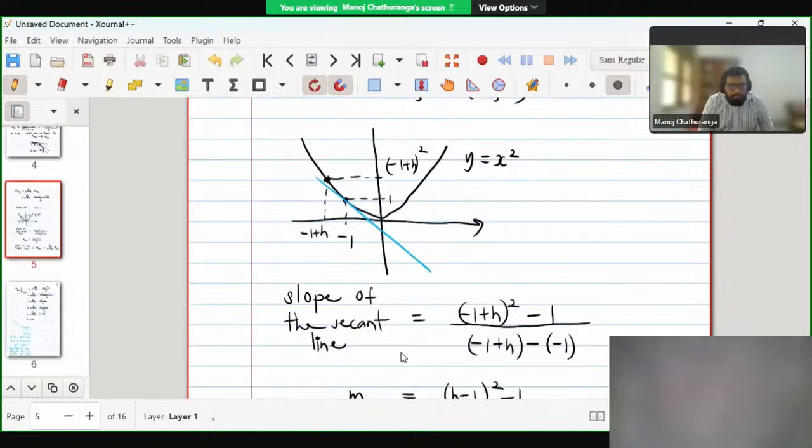So, yeah, we have a way of computing tangent lines now. This way of computing tangent lines is applicable not only to y equal x square, you can apply it to y equal x cubed and all the other functions. You compute the slope of the secant line and let h go to 0. When h goes to 0, the secant line becomes the tangent line.